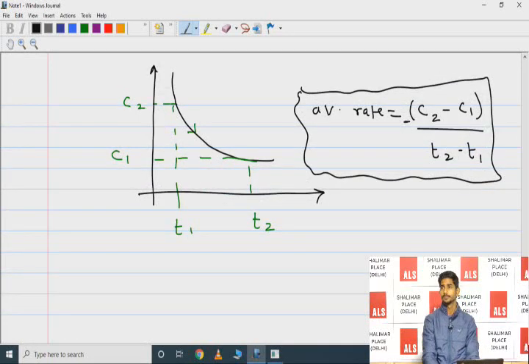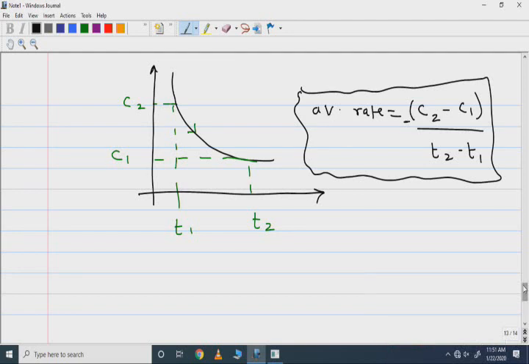Copy this one first. Guys, one thing, make this one as a C2 and this one as a C1.